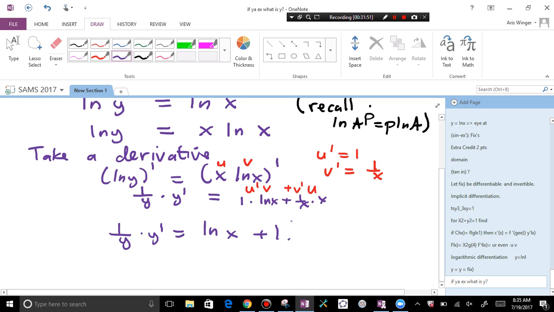Ooh, I feel like I'm going too fast. I'm solving for y prime. I almost have it. I'm going to multiply both sides by y, and we'll have it.